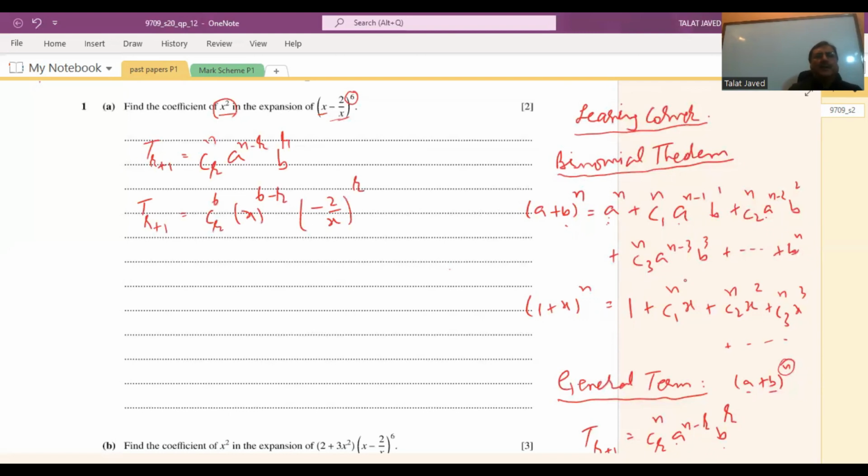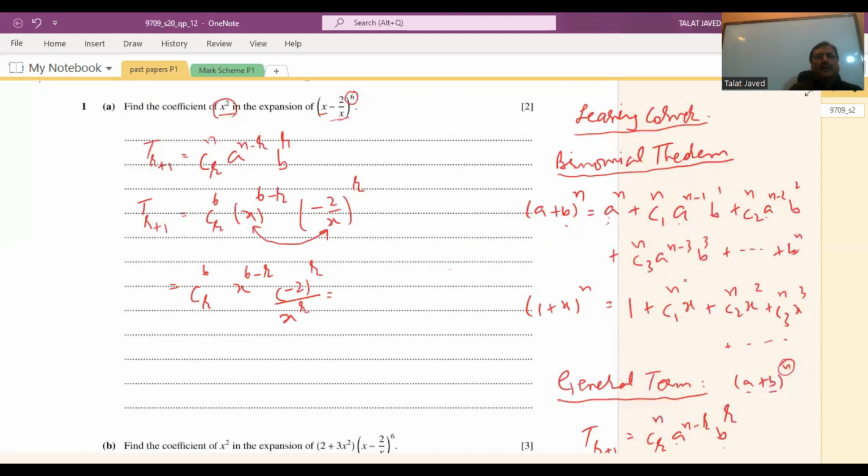To find x squared, we have to combine these two x terms. By using algebra, we combine them like this: 6Cr x raised to power 6 minus r, times minus 2 raised to power r, divided by x raised to power r.